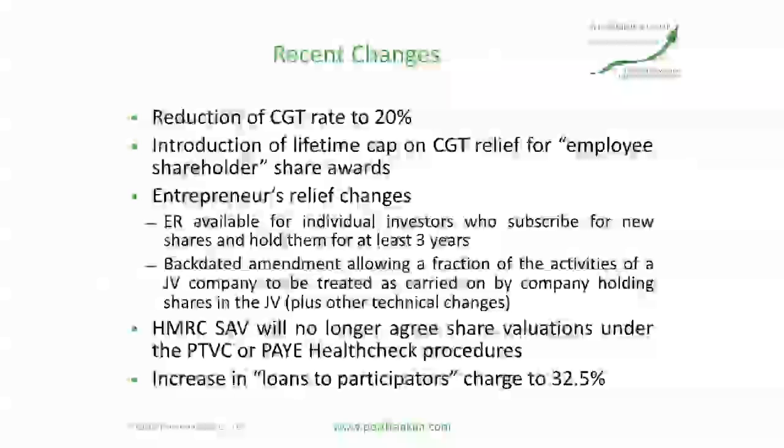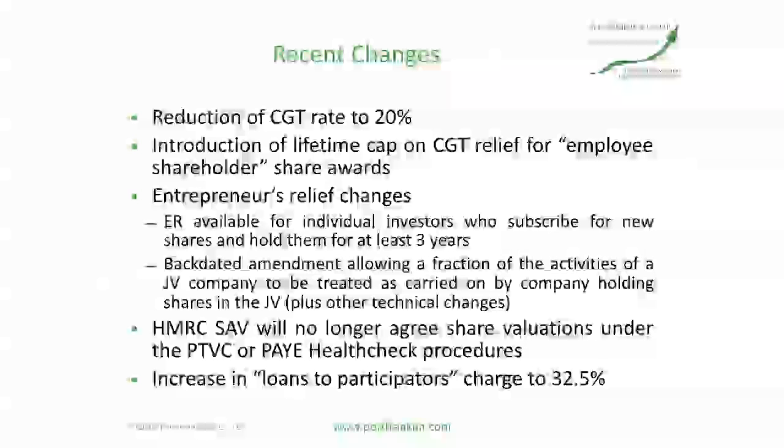Entrepreneurs Relief was tightened up a while back. Particularly, there used to be a structure involving where it wasn't practical to give all your managers 5% of voting rights and 5% of nominal value in a company to allow them to qualify for the 10% Entrepreneurs Relief rate of capital gains tax. There was a structure involving setting up a management company and having it invest in the actual company as a joint venture, despite the fact that none of those managers would have actually held 5% of the shares in that company on a flow-through basis.